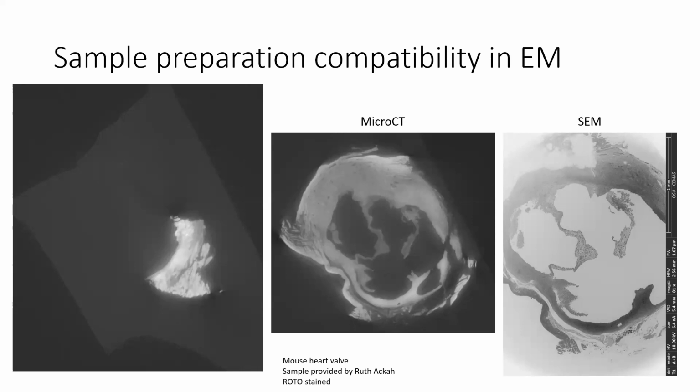And then it takes an overnight step or 2 to allow the resin to infiltrate. But it's not like you're working solidly at it for 2 days. It has a lot of wait times in it. That would be the same with or without microCT though. So that's regular EM processing. I didn't do anything extra before imaging it in microCT. I just took that resin block, imaged it, smoothed it on a microtome, and imaged it in SEM.